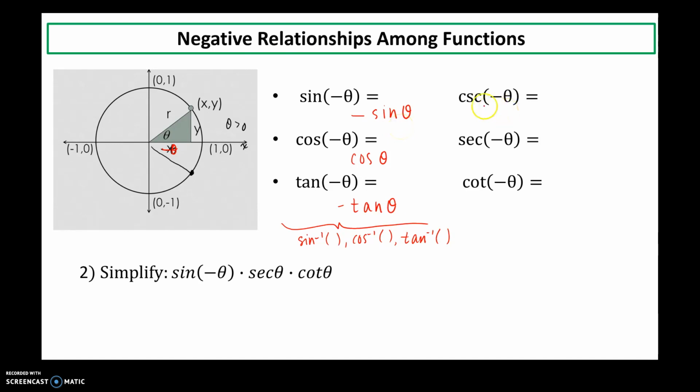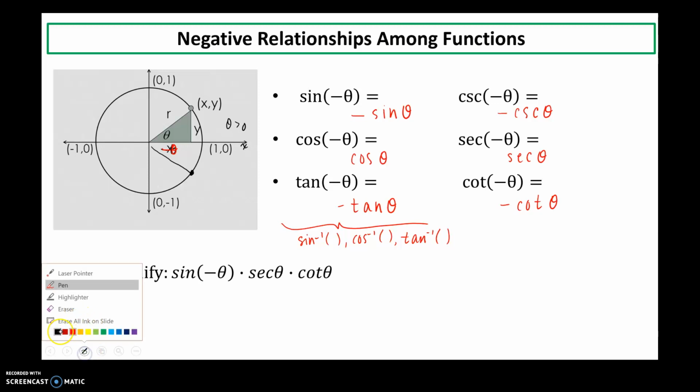So for cosecant, which is a reciprocal of sine, this would be the opposite of the cosecant of theta. Secant's the reciprocal of cosine, so this would just be equal to the secant of theta. Cotangent would be the opposite of the cotan of theta. And it's all about the quadrants, okay? When we rotate in the clockwise direction, it's just the opposite of what the exact value would be.